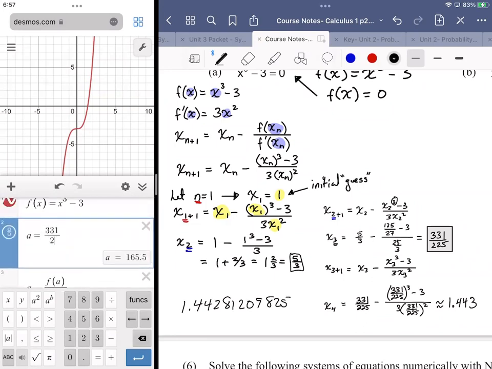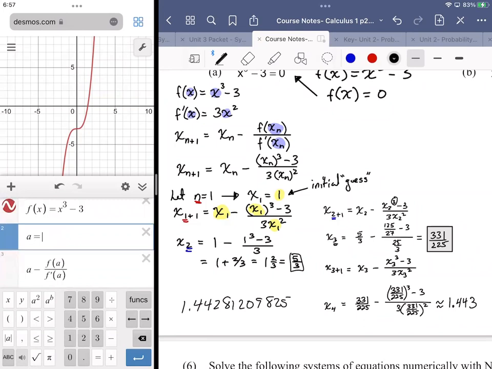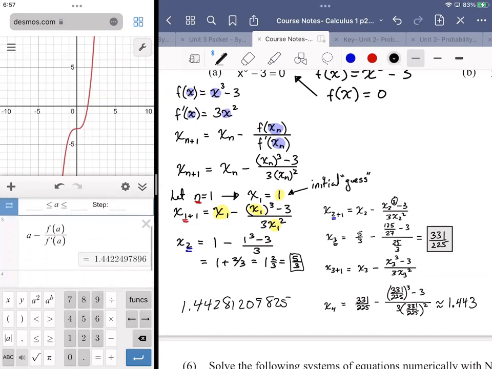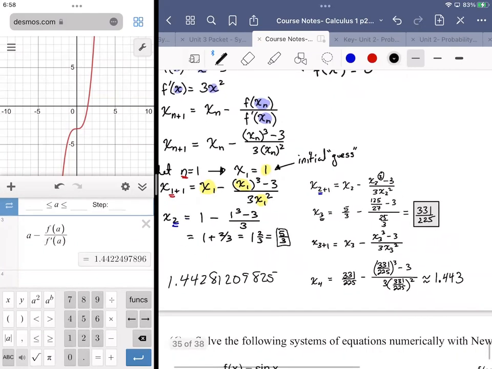I would type in 1.44281209825. And then you could see here that it gives me yet another computation. So I would know that x sub 5, if I needed it, would be approximately 1.442.